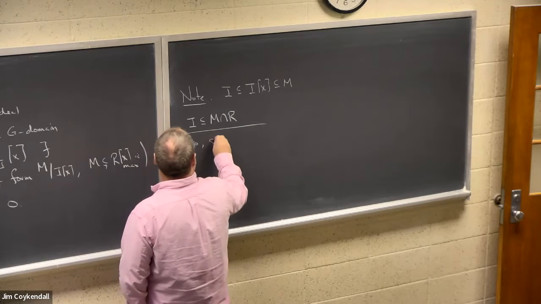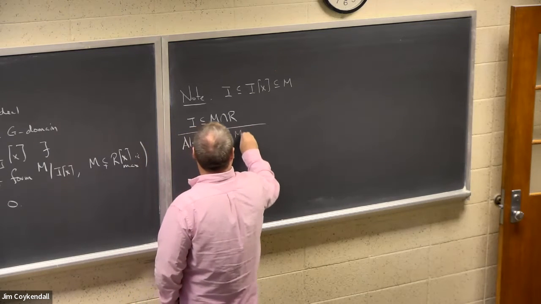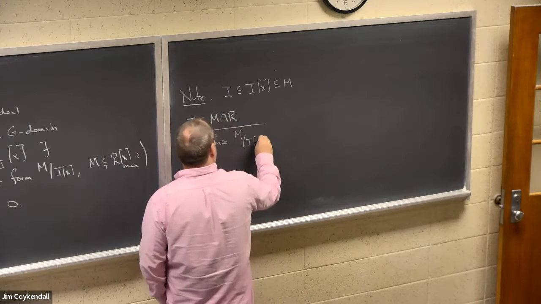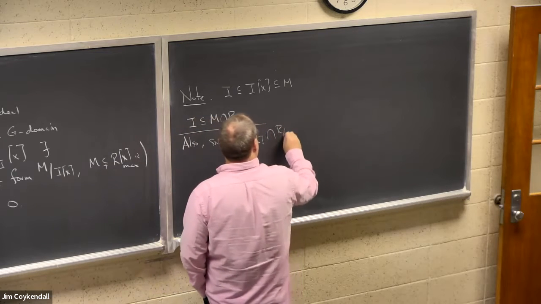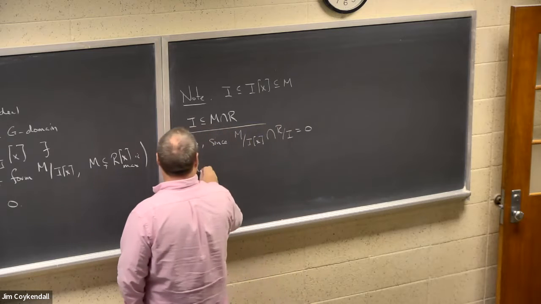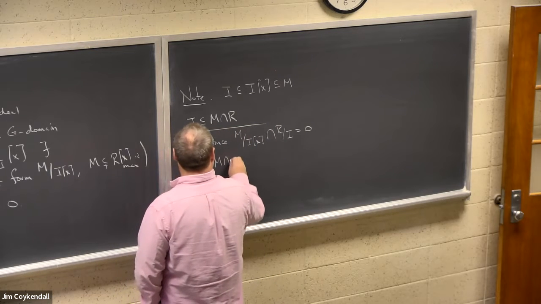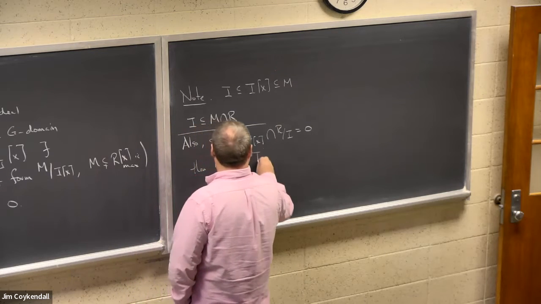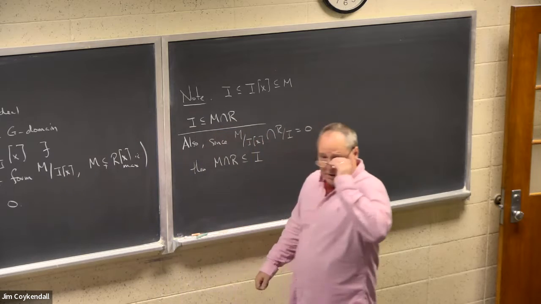Also, since M mod IX intersect R mod I is 0, then M intersect R must be contained in I. Right?